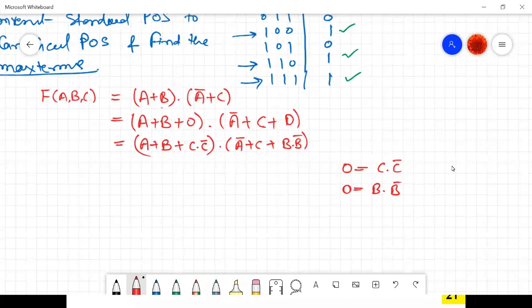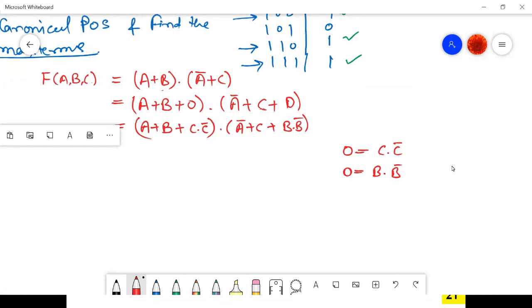All right. Now, do you remember the distributive law? For your reference, I'm just writing here. What was that? A plus B dot C. How do we write the distributive law?